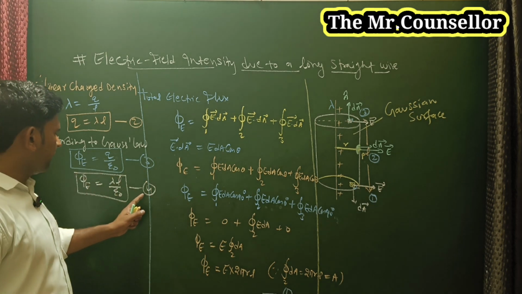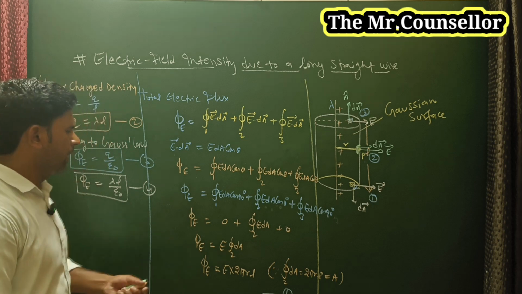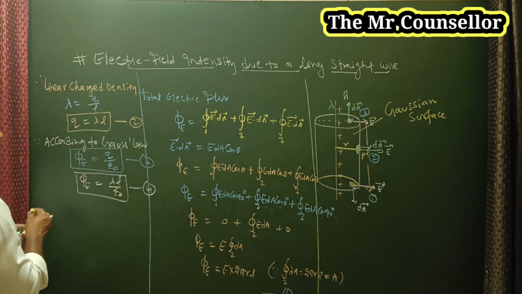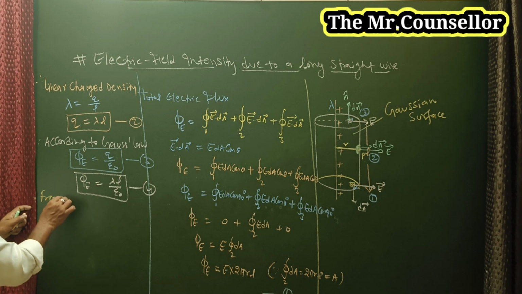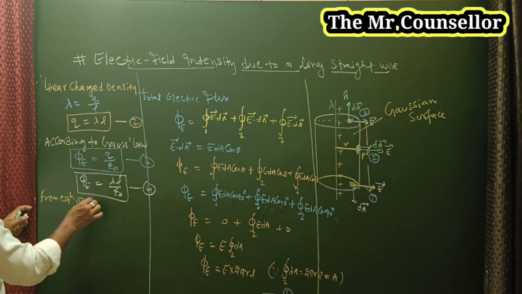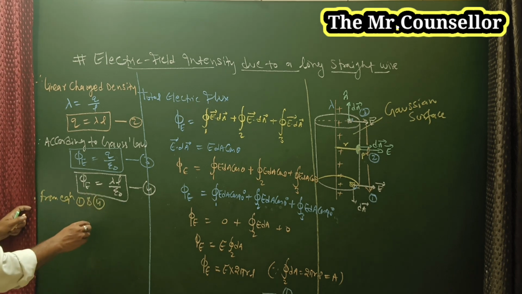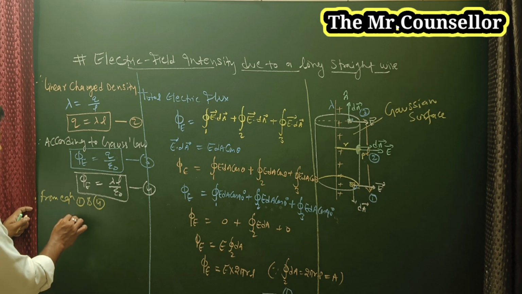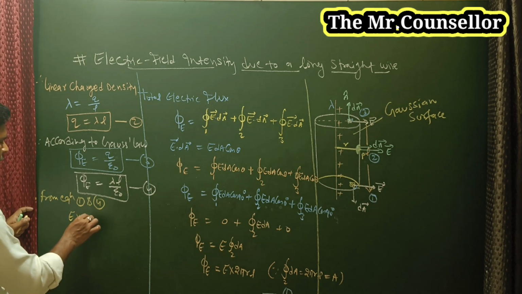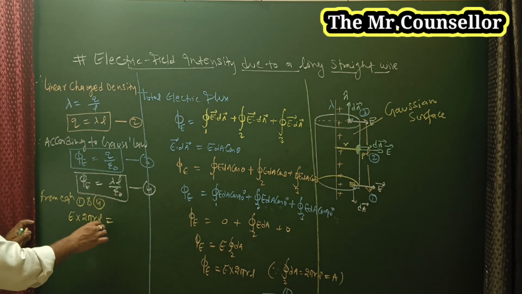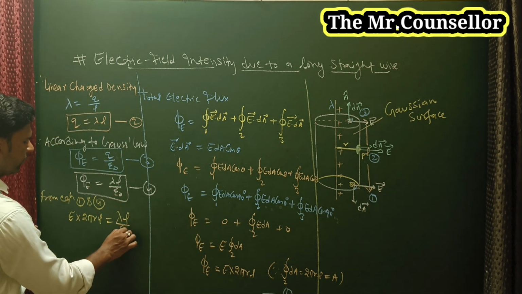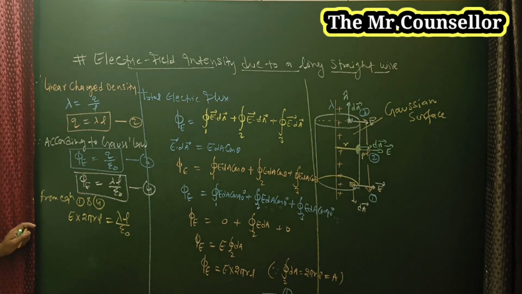Now compare equations 1 and 4. From equations 1 and 4, we can write E into 2 pi r L is equal to lambda L upon epsilon naught. Is it okay or not?